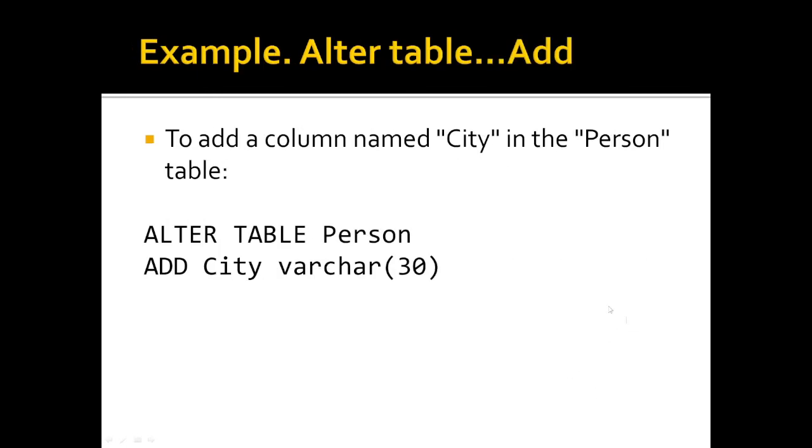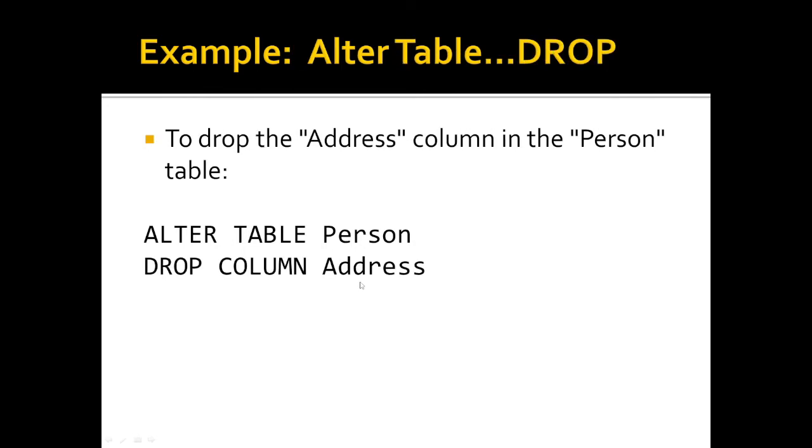To add a column named city in the person table: alter table person, add city varchar 30. So this is the new column. If we don't specify the position, let's say after some field, then this column will be added as the last column. Then we can drop columns.